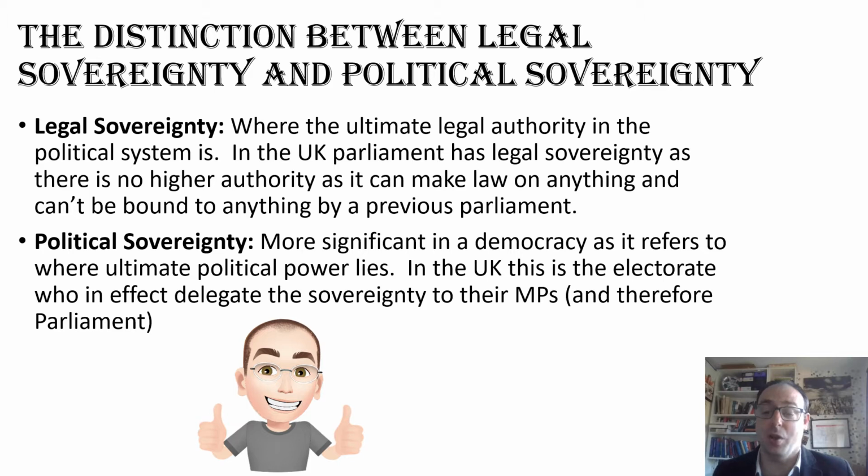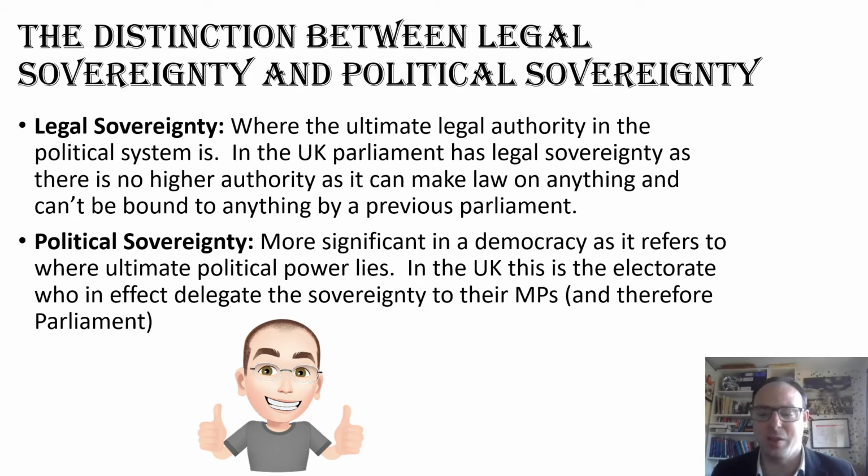And the electorate effectively delegate their sovereignty to their representatives. In the UK, mainly that sovereignty is passed to MPs and therefore into Parliament, which takes us back to what I've been saying all along, that Parliament is sovereign.